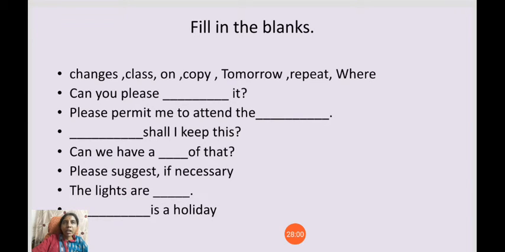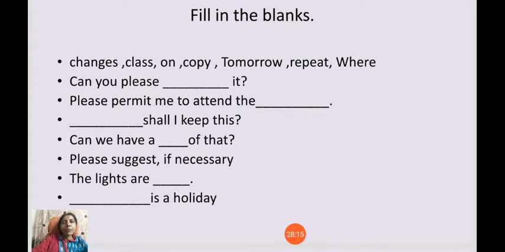I'm going to read them for you: changes, class, on, copy, tomorrow, repeat, where. Now, make use of these words and fill in the blanks given. Take a few minutes.